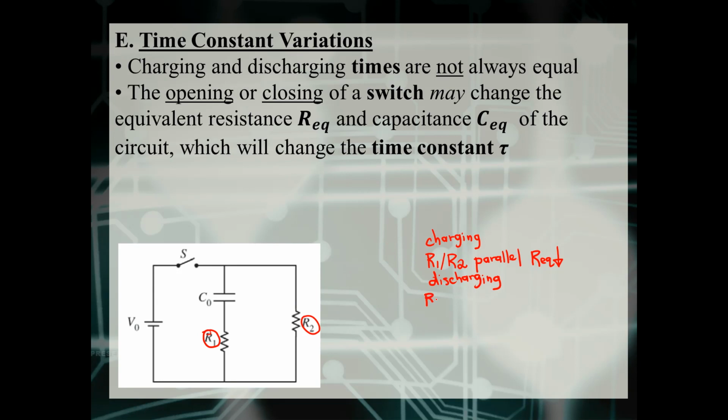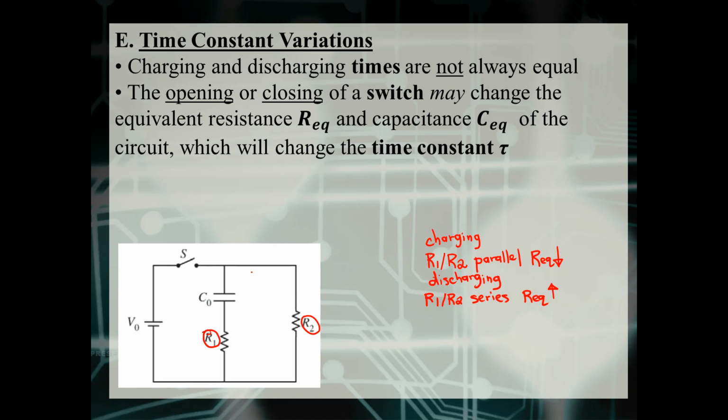When you're discharging, these two resistors are in series with each other, which makes the equivalent resistance of the circuit a little bit bigger. If the switch is closed and we're charging, we have resistors that are in parallel.